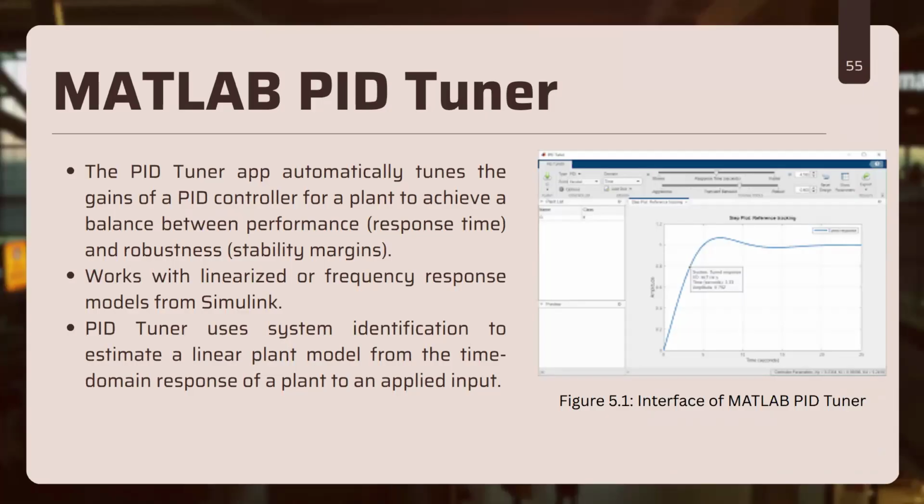It is used to tune the gains of a PID controller for a plant to achieve a balance between performance and robustness. It works with linearized or frequency responses. It also uses system identification to estimate a linear plant model from the time domain response of a plant to an applied input.